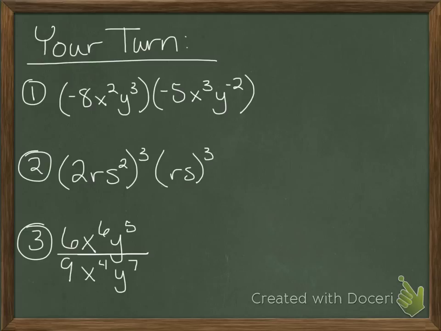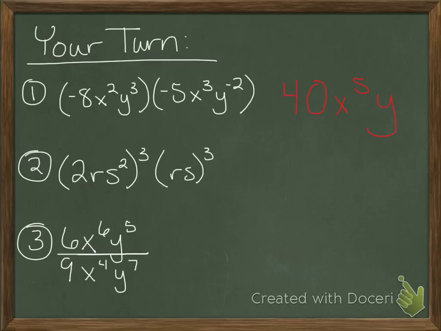Okay, so answer to number 1 should be 40. That's a 4. I don't know why my pen's not writing. 40, there you go. X to the 5th, y, because we have 3 y to the 3rd plus y with a negative 2. So I'm adding with a negative, which actually means I'm subtracting. So anyway, 1y left over.